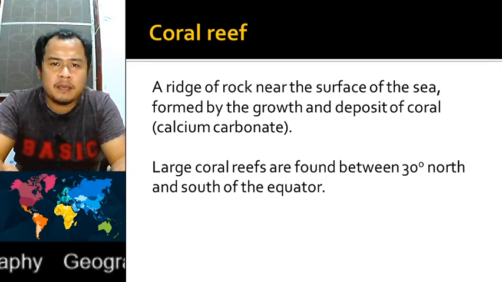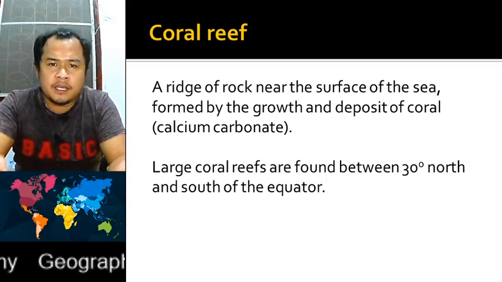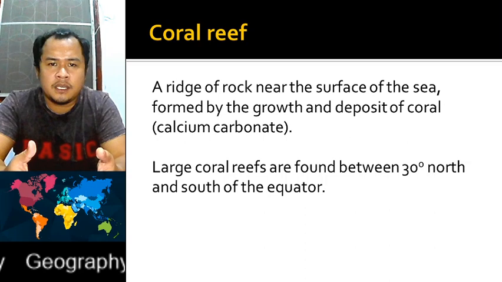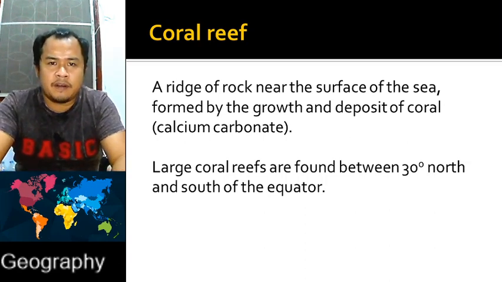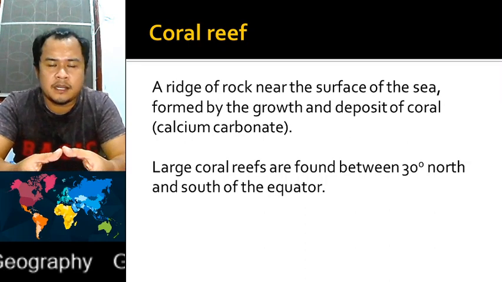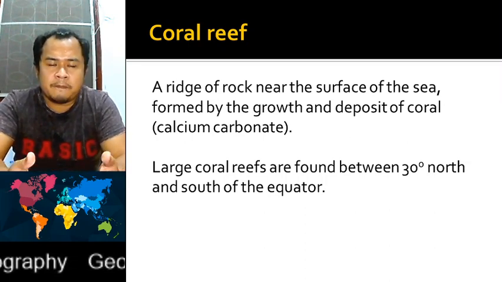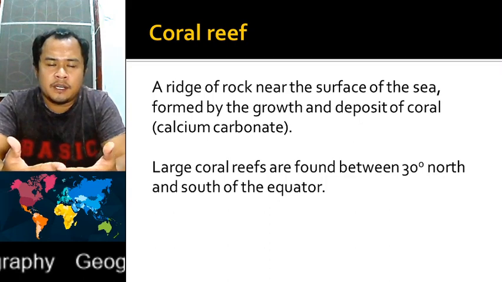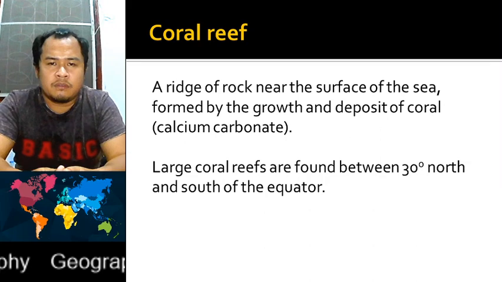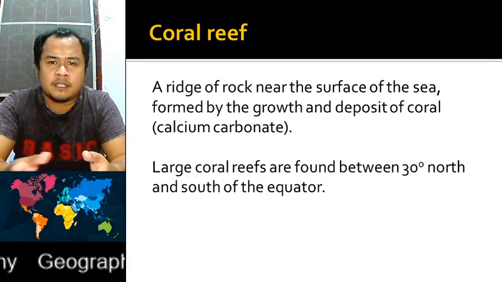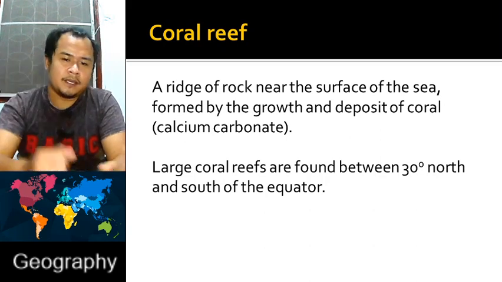You may not be able to see corals here in Laos because these living things only live in a certain type of environment, and that environment is not here in Laos. We will be looking into the places where coral reefs will grow in the next few slides that I'm going to go through later on.